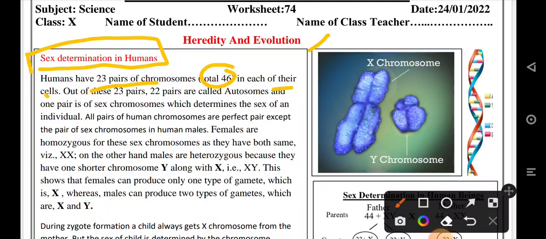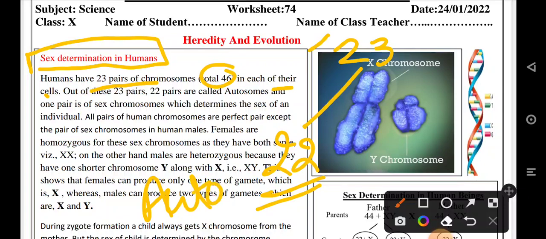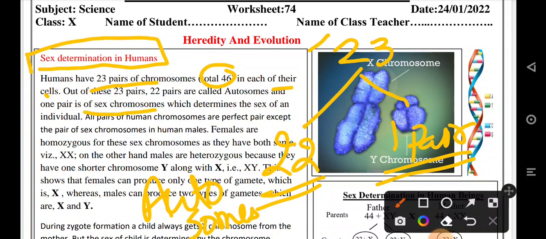Out of these 23, there are 22 pairs known as autosomes, and one pair which determines the sex of a human is known as the sex chromosome. One pair of sex chromosomes determines the sex of any human, and the rest 22 are known as autosomes.